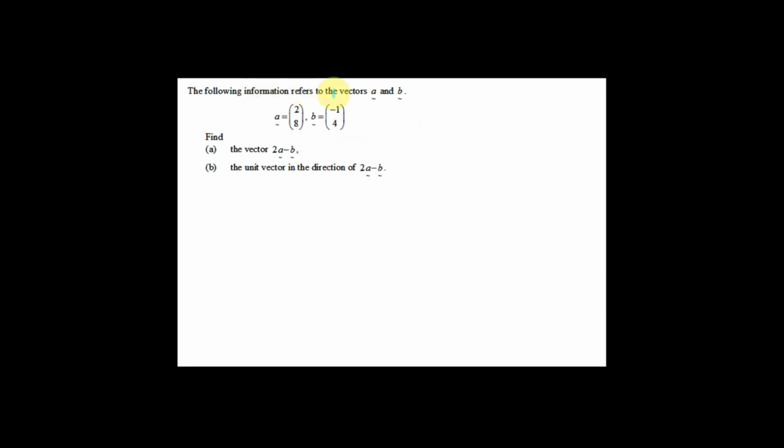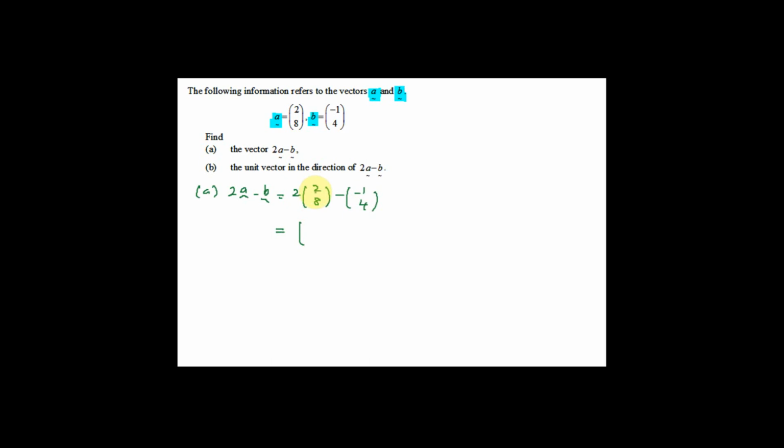The following information refers to vectors a and b. You can see here a and b are given in column form. So first one, to find the vector 2a minus b, this is very simple. Your a is (2, 8), this vector. b is (-1, 4).